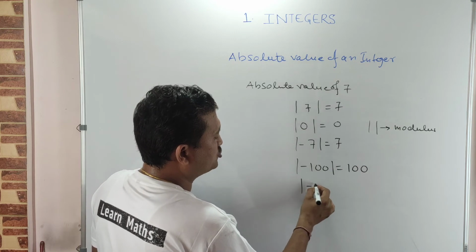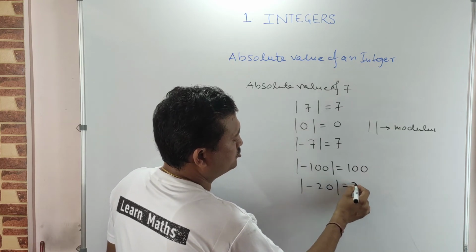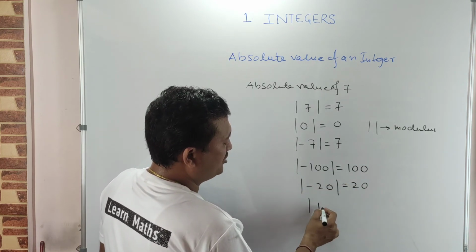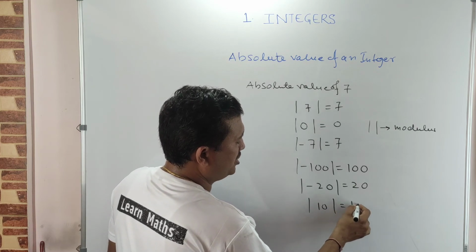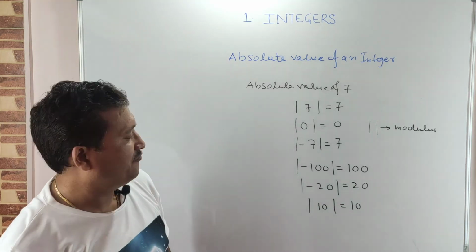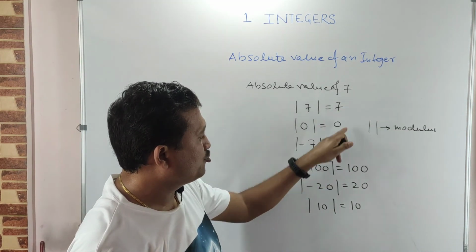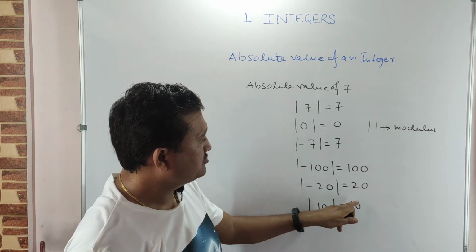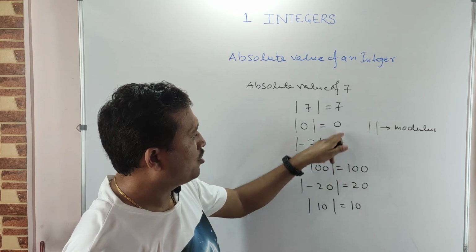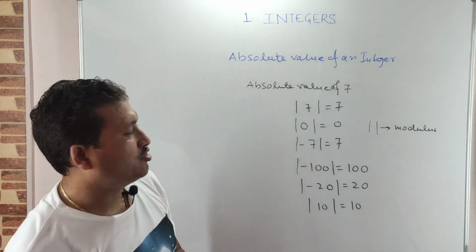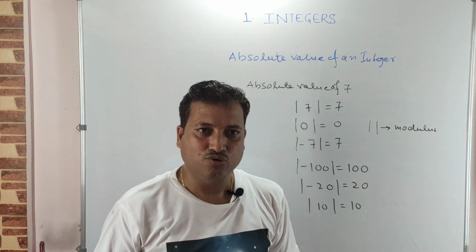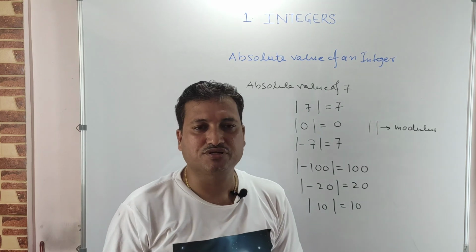Absolute value of -20 equals 20. Absolute value of 10 equals 10. So the absolute value of a given integer is always a positive value, and only the absolute value of 0 is 0.